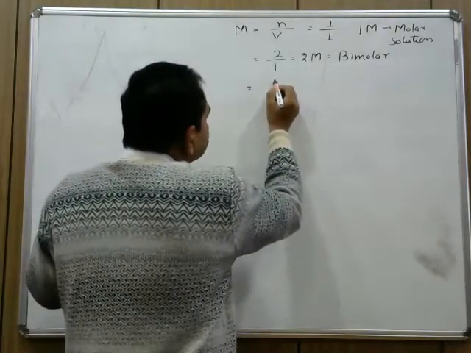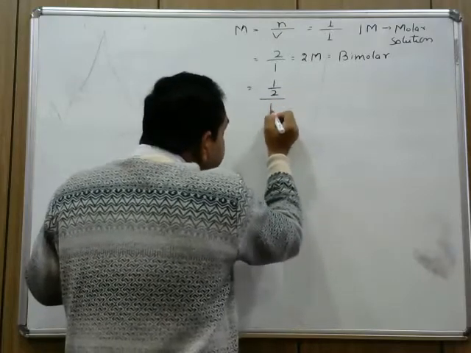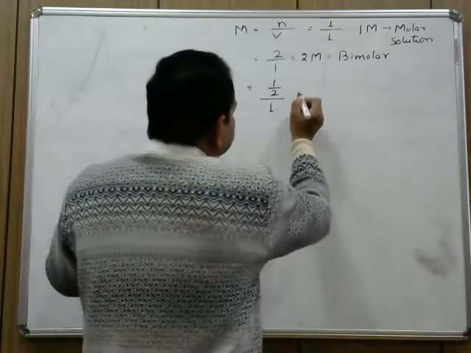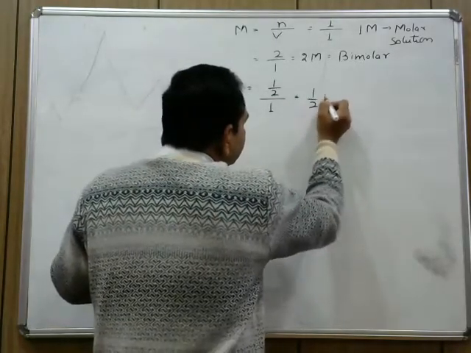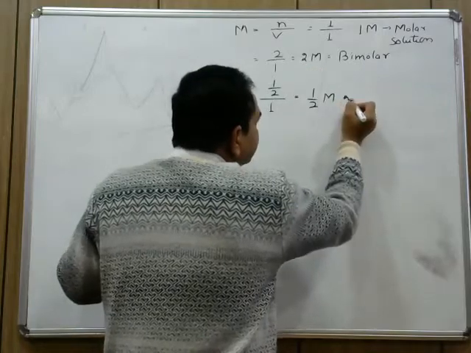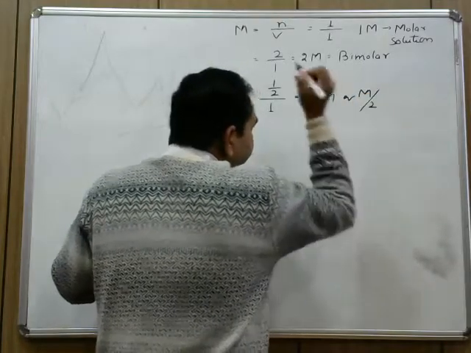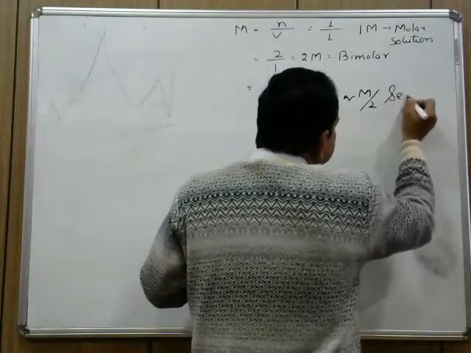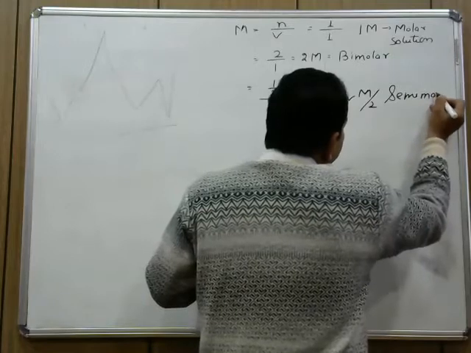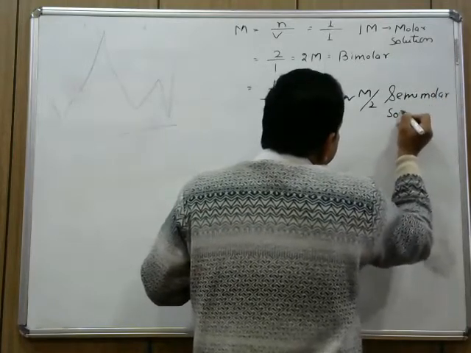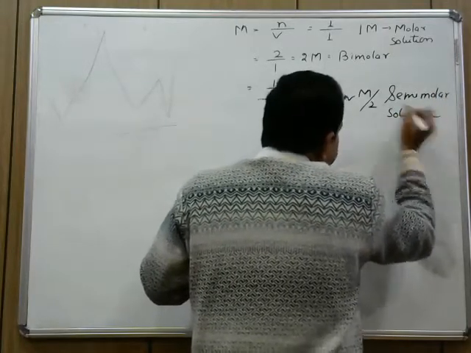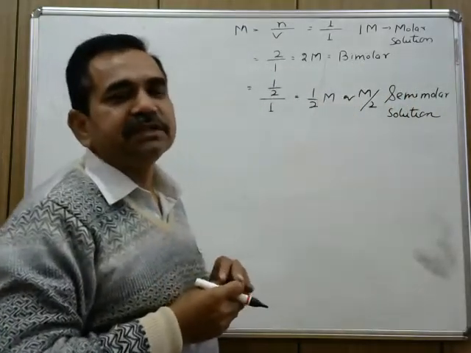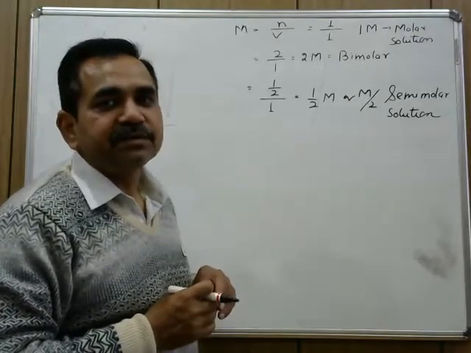If 1 by 2 moles is dissolved in 1 liter of solution, then the value comes to be 1 by 2 M or M by 2. This is called a semi-molar solution. Semi-molar solution means half a mole of solute is dissolved in 1 liter of solution.